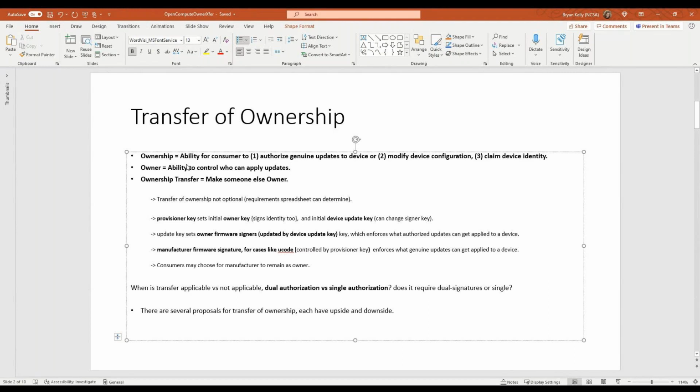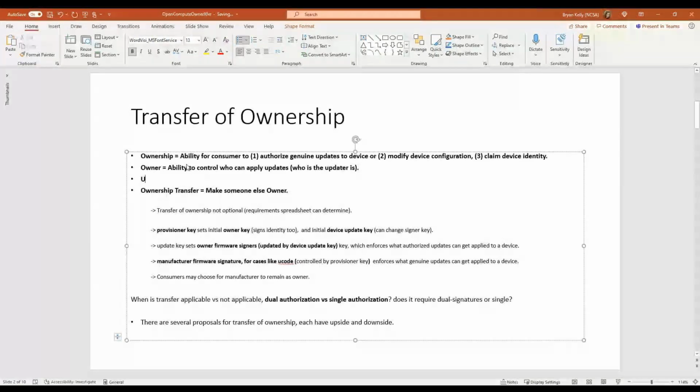So we had the owner authorizes the updater, and the updater authorizes the firmware signing key and the critical configuration. So it's the updater that really has a lot of the power, right? The owner is just like the owner, but not the manager there. He gives away capabilities.